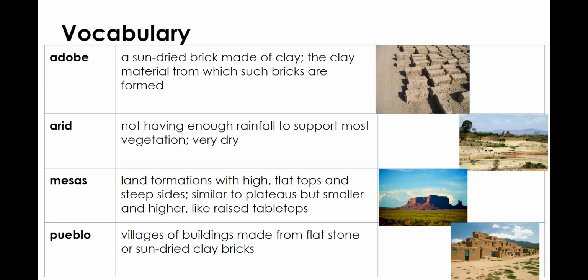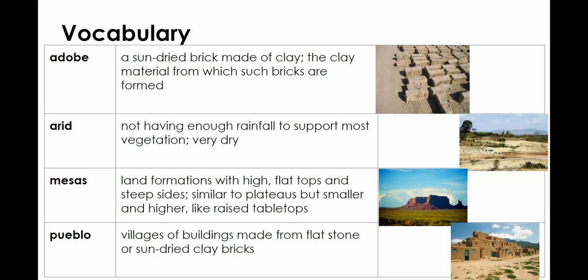Here's our vocabulary for today. The first word is adobe, a sun-dried brick made of clay, or the clay material from which such bricks are formed. So there's a picture of those clay bricks. Arid means not having enough rainfall to support most vegetation, or very dry. So here you'll see a desert that's very dry or arid.